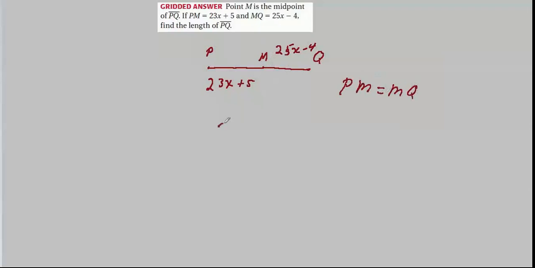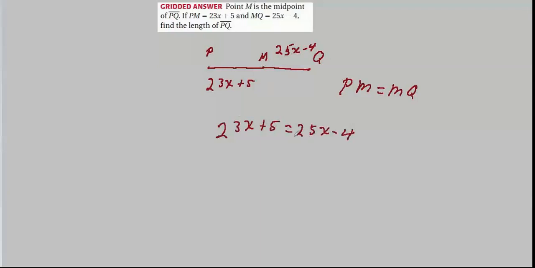So all we have to do is write down what we have in algebraic terms. 23x plus 5 equals 25x minus 4. And we know this is true because it's given that M is the midpoint.